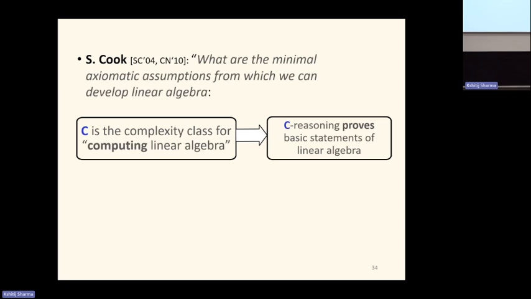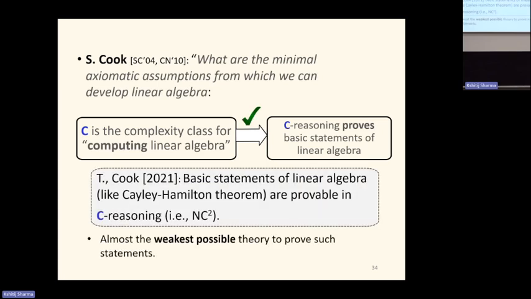If you think about very specific concrete questions in linear algebra, for instance computing the determinant, then in work with Steve Cook we gave more or less almost the weakest possible theory that can prove all these determinant, Cayley-Hamilton, and similar results.